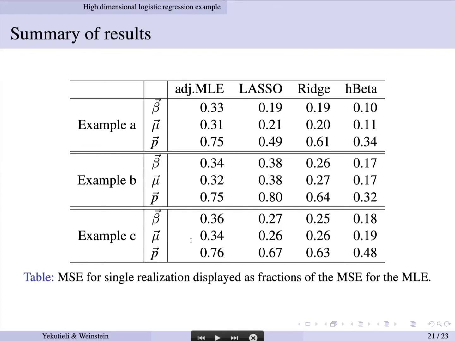The first column is what Candes, Emmanuel and Pragya are suggesting. We adjust the MLE, and we can think of estimating different vectors, either the beta vector, or the mu vector, or the p vector. It's kind of not fair because we have the Bayes rule for each of these configurations.